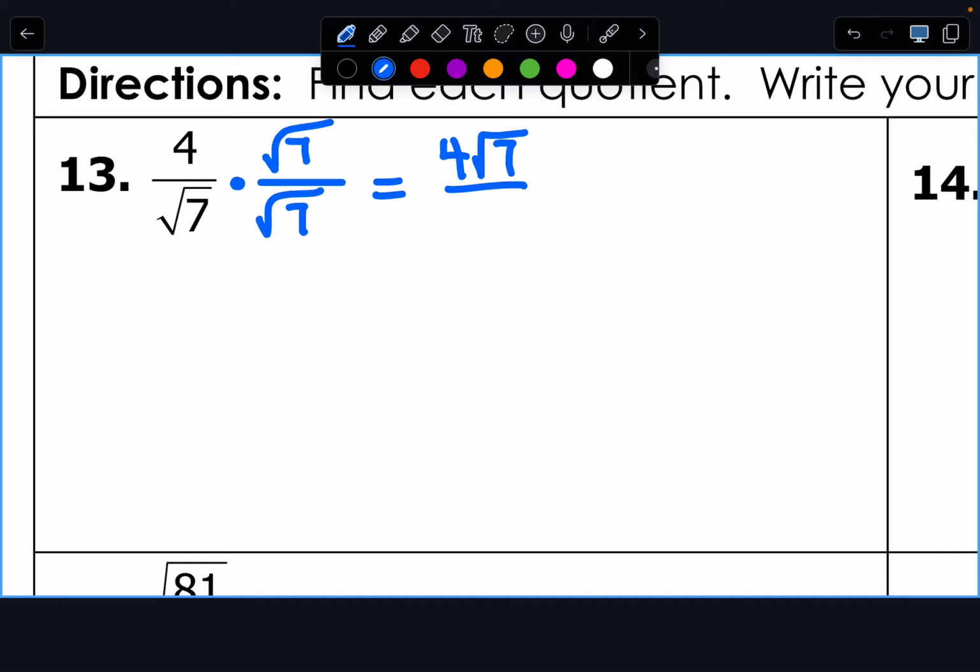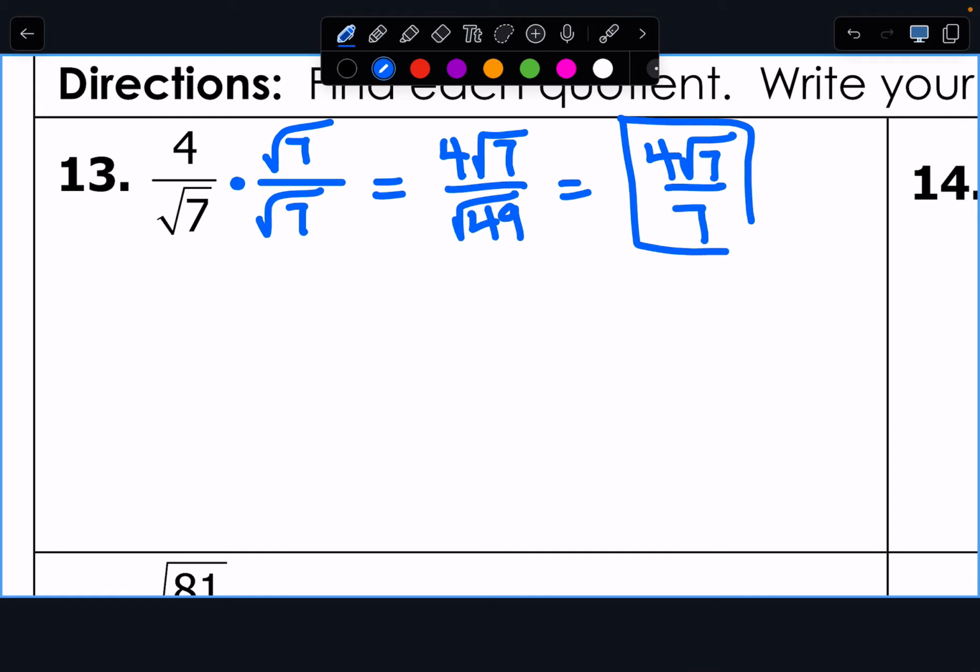But what happens when I multiply the square root of 7 times the square root of 7? Square root of 49, right? Which is 7. And if you need me to show you this step, I can.